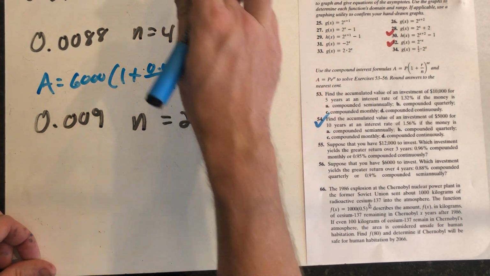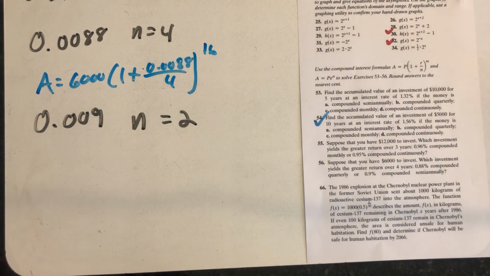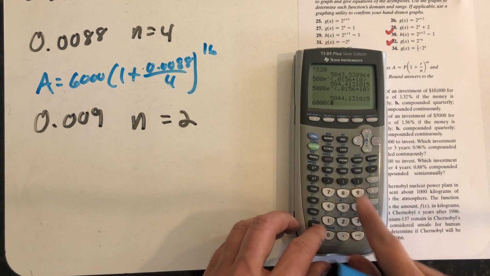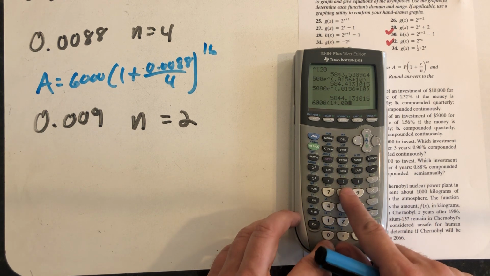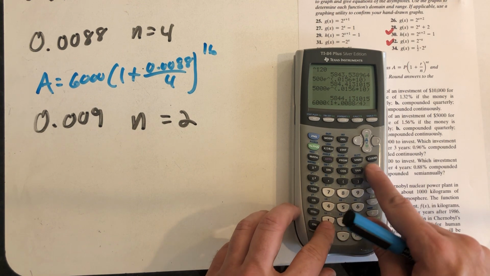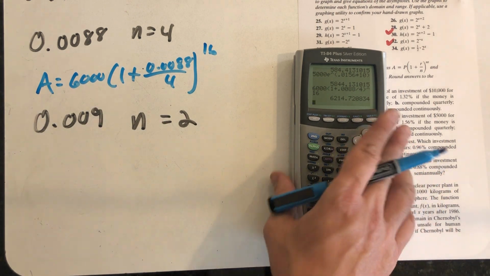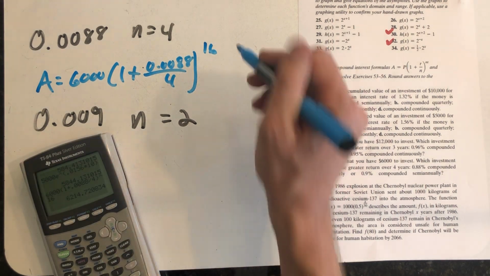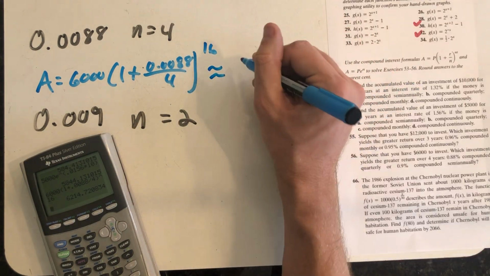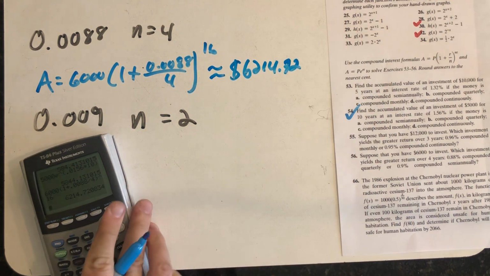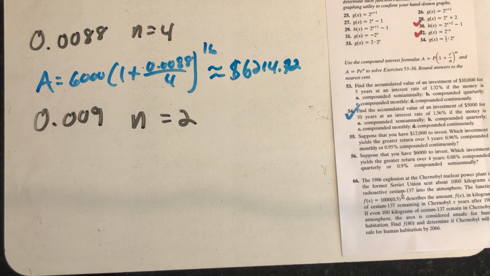All right, let's see. 4 times 4 would give me a 16 there in the exponent. All right, let's see. I get 6,214 and 72 cents. All right, next up.